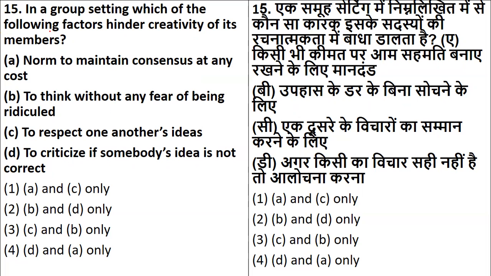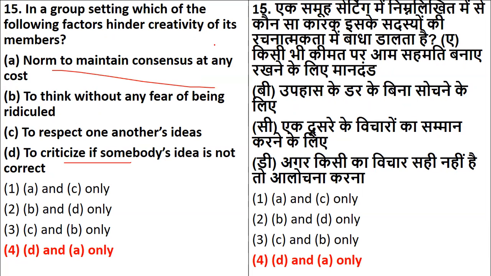So from this given list, which will hinder the creativity of its members? For creativity, the one which will hinder it is option D, to criticize. Criticizing someone is definitely an obstacle. And the norm to maintain conscience at any cost will again hinder the creativity.